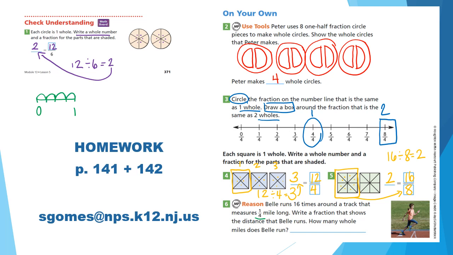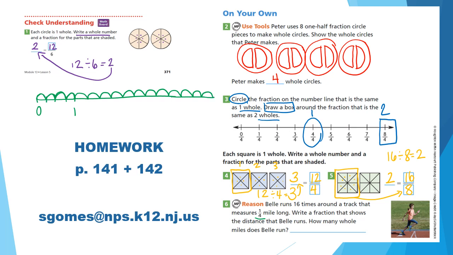Okay, and I know that she does this 16 times. So I have 1, 2, 3, 4 parts, and I want to extend my number line to show 16 of those parts. 5, 6, 7, 8, 9, 10, 11, 12, 13, 14, 15, 16.